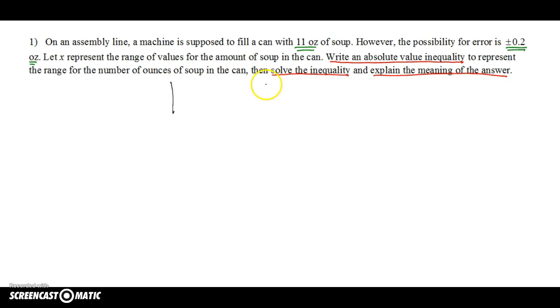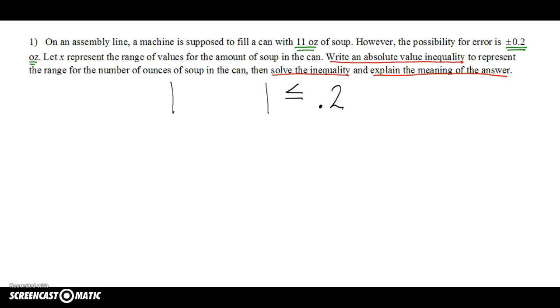So here's my absolute value inequality. And I know that that difference or distance is going to be 0.2. The absolute value bars kind of handle that plus or minus for me. Now, can it be more than 0.2? No, it must be less than or equal to 0.2. I will not be able to have a 10-ounce can of soup and label it 11 ounces.